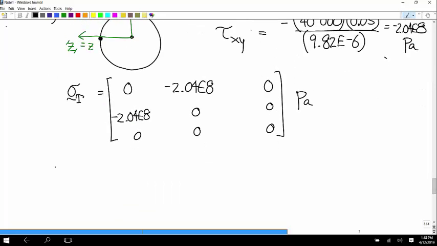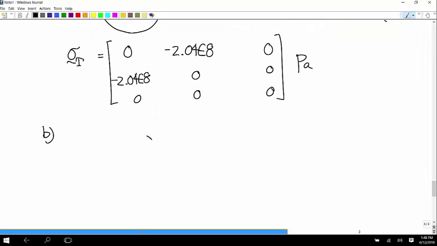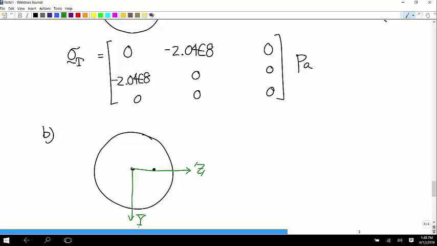And then for part B, here's the centroid. The point we want is halfway from the centroid to the end. And so our temporary coordinate system is this way. Our final coordinate system is this way.